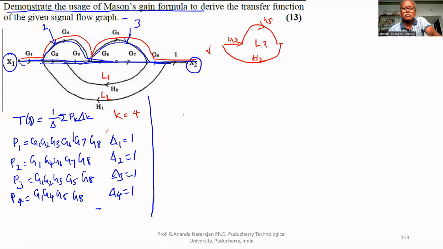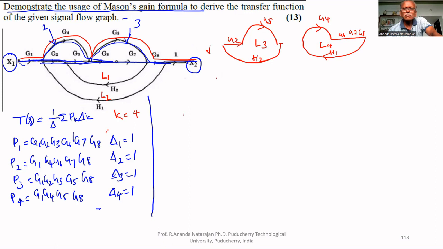This is loop 3. Loop 4 is G4, G6, G7, G8, and H1. This is loop 4.